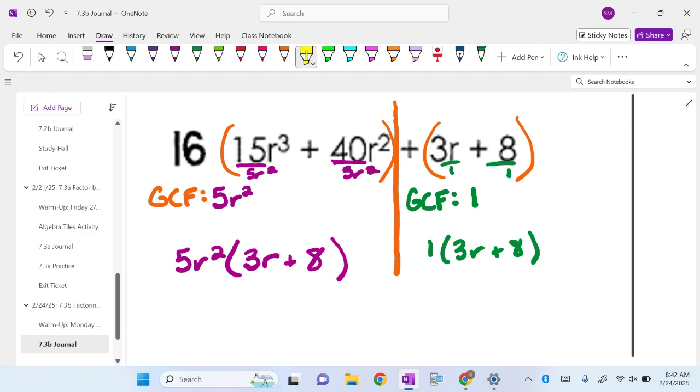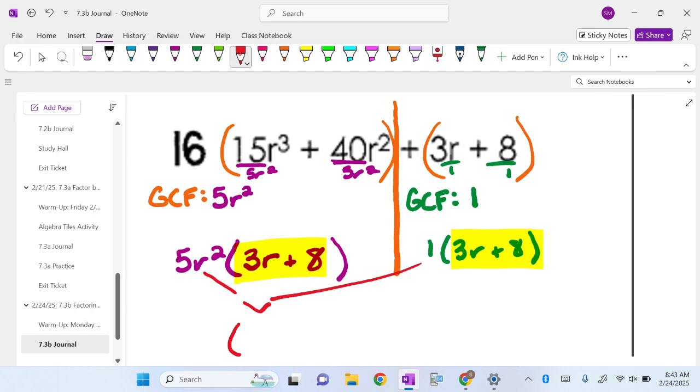Now, our bubbles are clearly the same. So what would my final answer be if I bring everything down? Someone who hasn't talked yet today. Riley E, what do you think my answer would be? Or at least what would my first bubble be? So 5r squared plus 1.